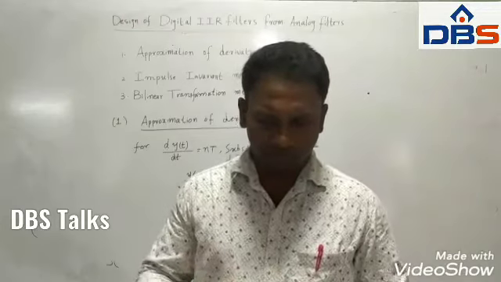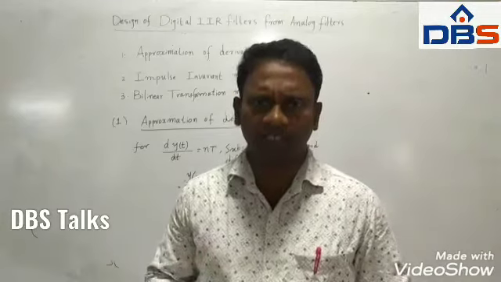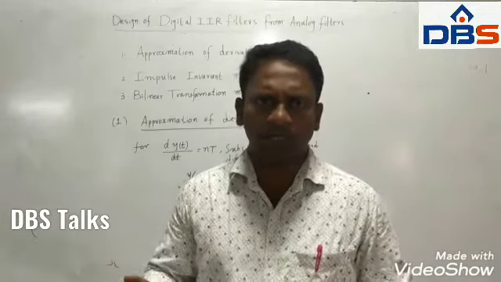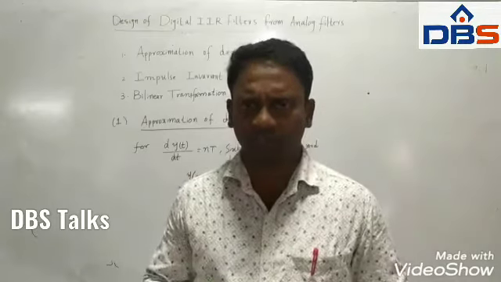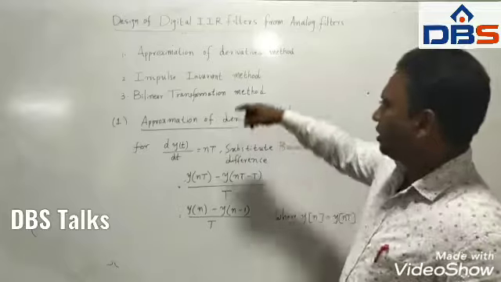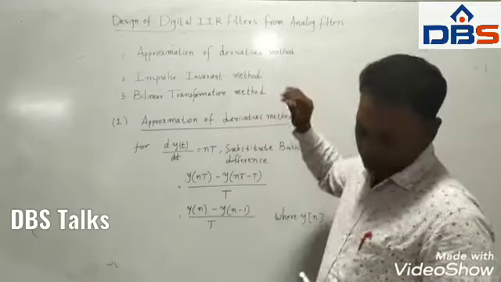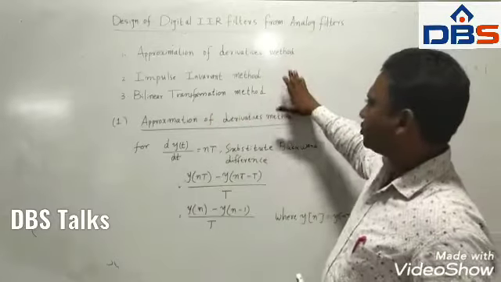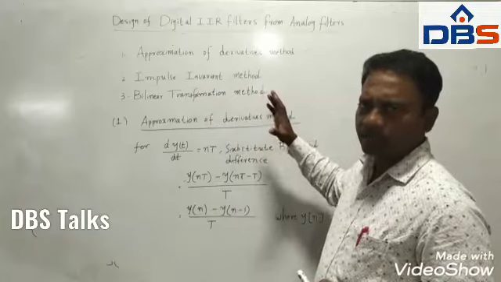To design IIR filters, there are three methods to convert an analog filter transfer function to a digital filter transfer function.